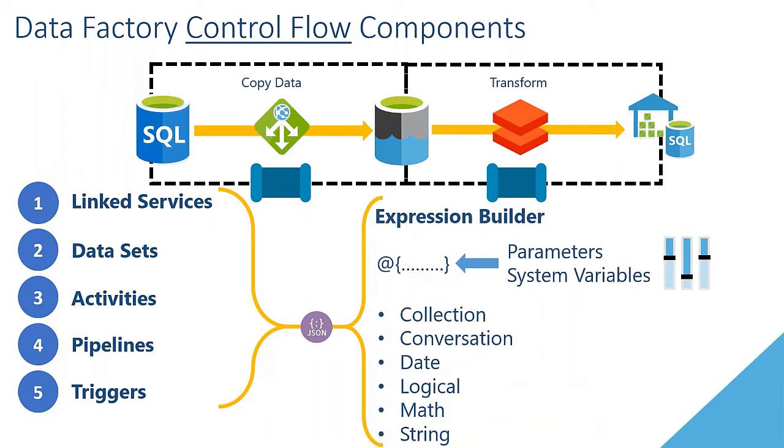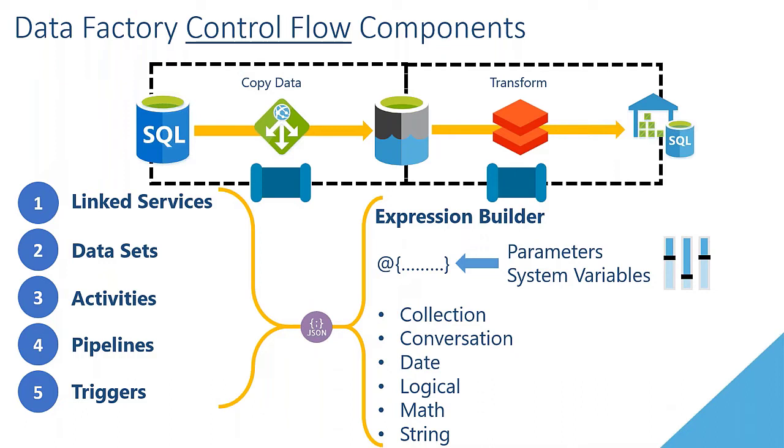And as you probably expect, or as we're familiar with in our SSIS packages, we get a fairly rich expression builder to do that, and we can use this special syntax of an @ symbol, then our curly braces to inject into that JSON.